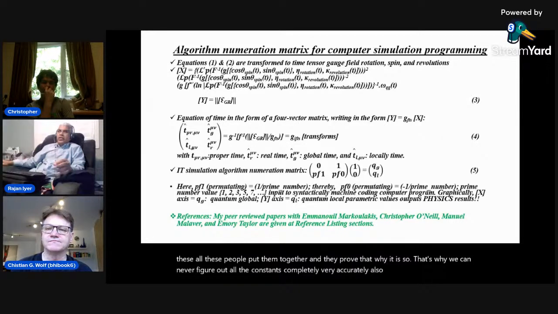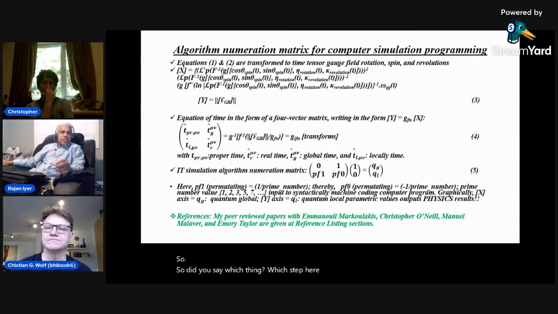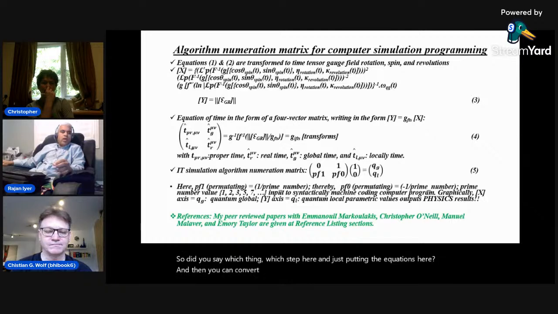Also, it's a black box, so we are trying to get the information and process it. So it's an information processing thing. This is a huge step here, and just putting the equations here, you can do an inverse transform and pull out the time.